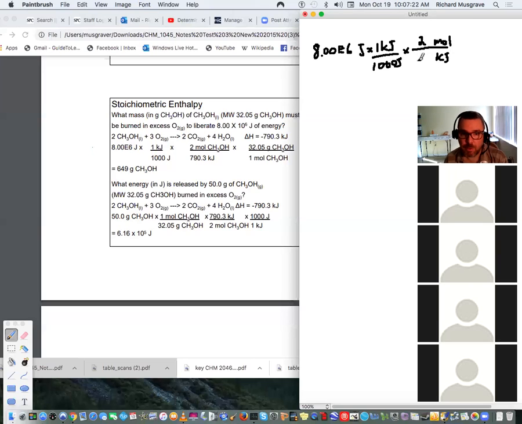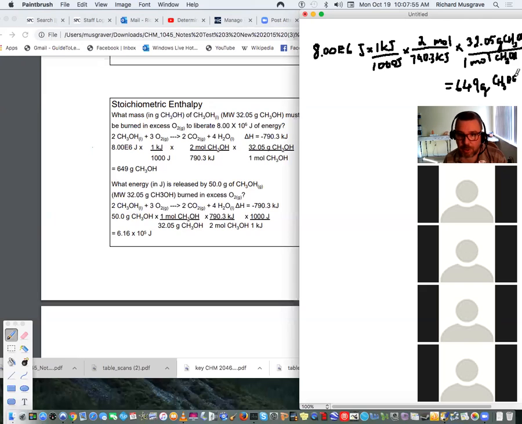So it's 2 moles and 790.3 kilojoules. And then times the molecular weight, 32.05 grams CH3OH over 1 mole of CH3OH, because that's the molar mass. And that gives us the mass of methanol, 649 grams.